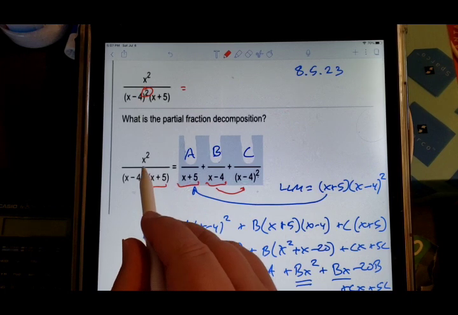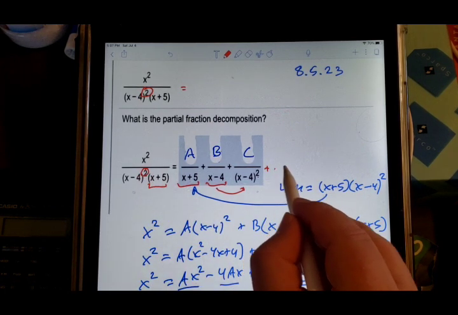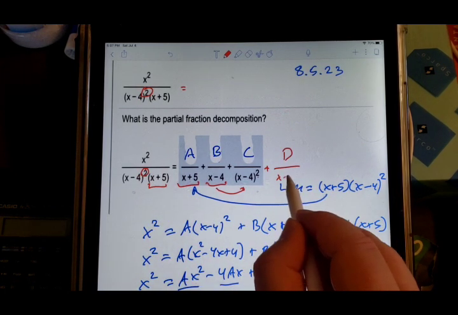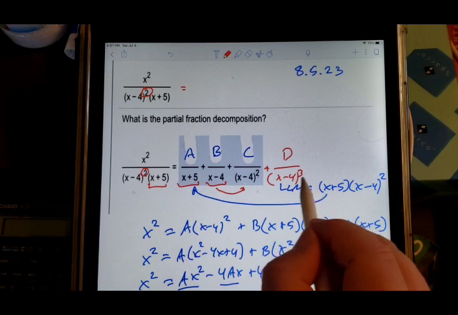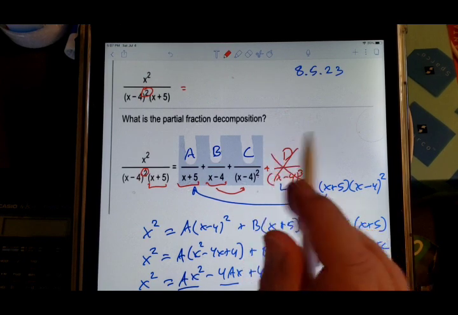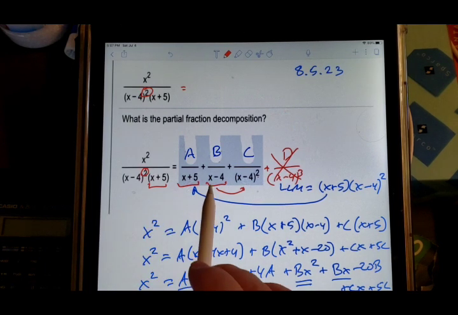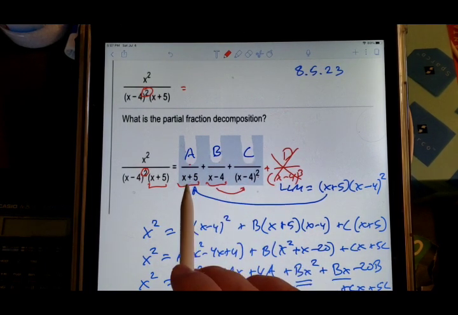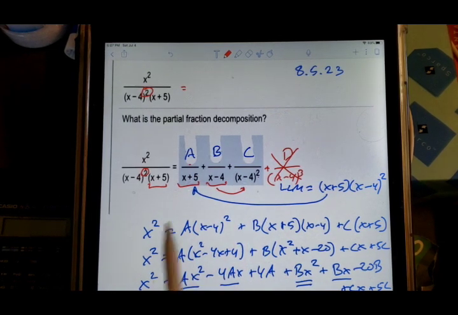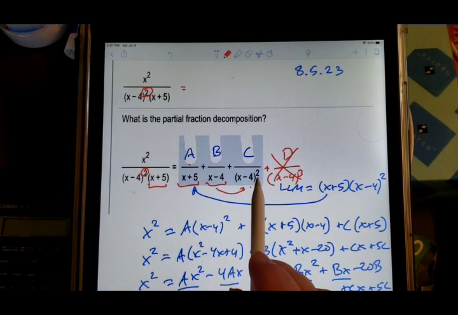Now, if this had been a 3, I would have added a D over x minus 4 cubed to the list. That wasn't the case, but I just want you to see how the pattern works. So it's just A, B, and C on top of each of these linear terms, although this is a linear term squared, so it feels a little different when you're working with these.